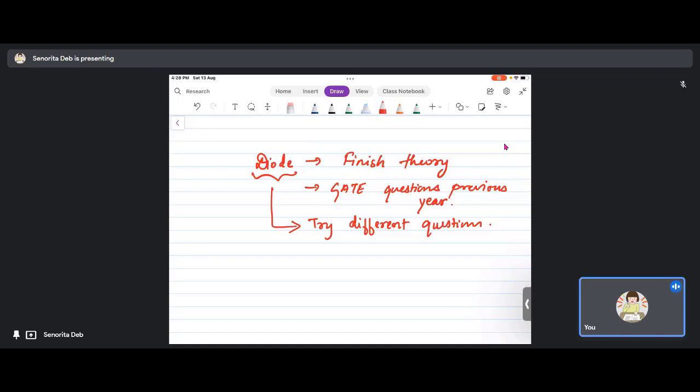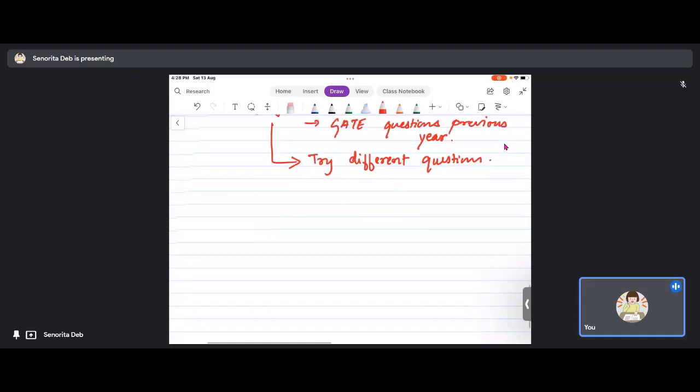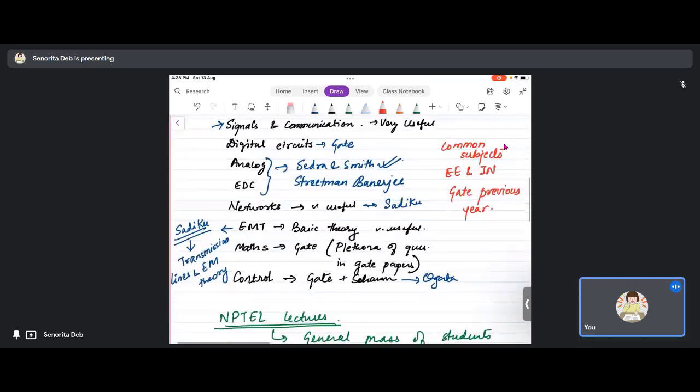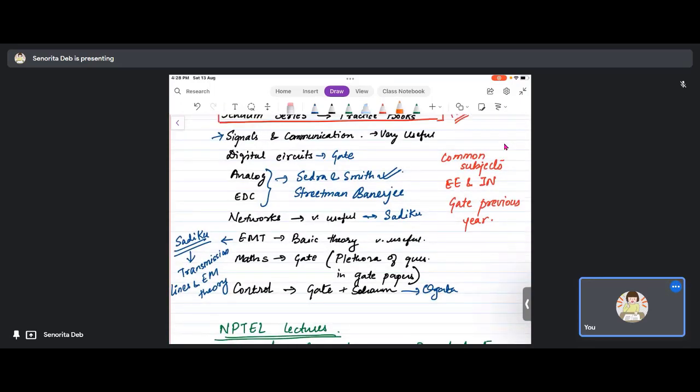Now there is a kind of a sequence also, like how you should start preparing for the subjects. According to me, when I prepared for GATE, I would first do network theory. Network theory will be my first choice, because network theory teaches you KCL, KVL, right? All the theorems, Thevenin theorem is there, superposition principle is there.